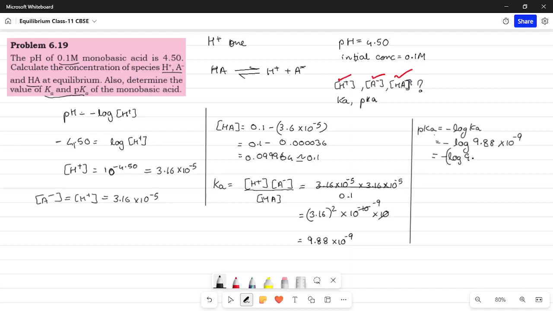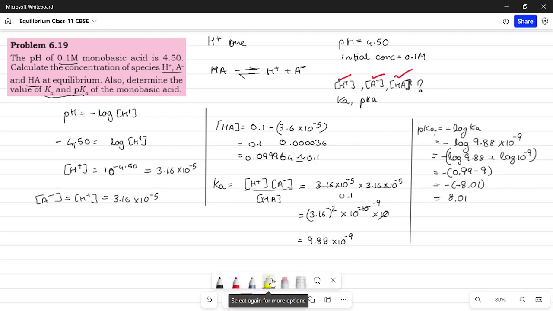So log 9.88 plus log 10 to the power minus 9. Log 9.88 is 0.99. The negative sign is taken outside the bracket: 0.99 minus 9, because this has a negative sign. When simplified, this gives us minus 8.01. So minus into minus is plus, and the value of pKa is 8.01.